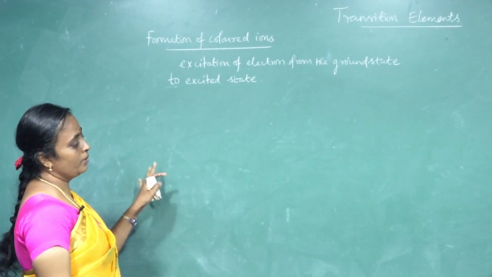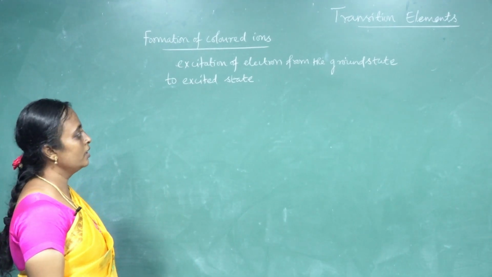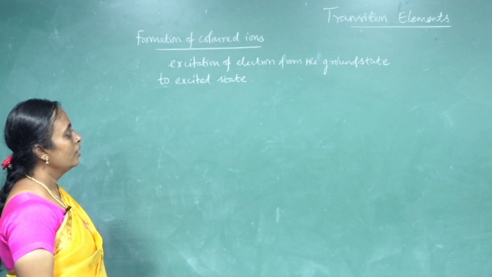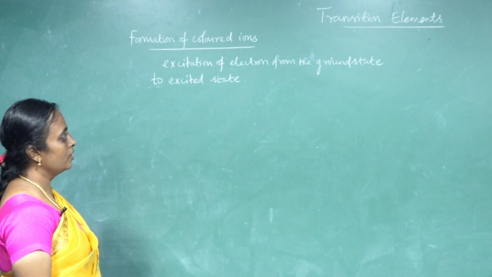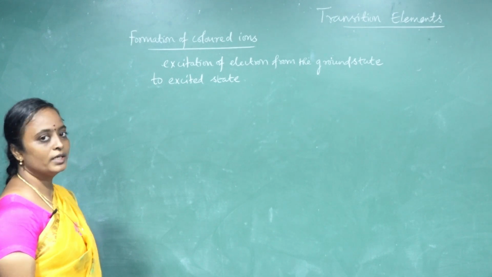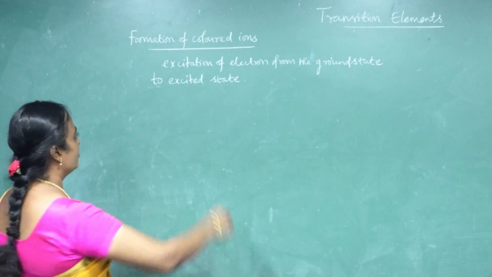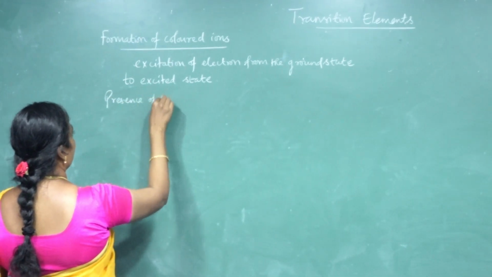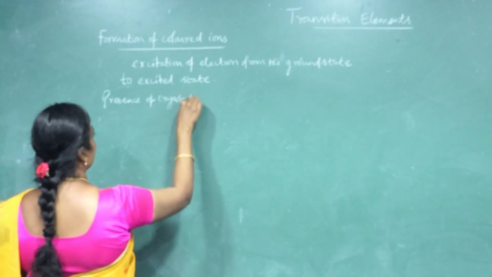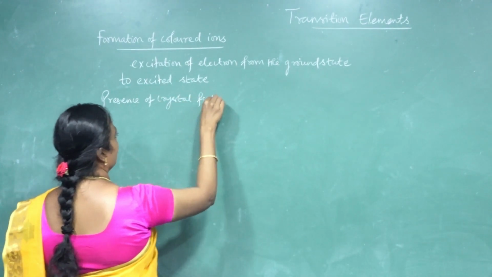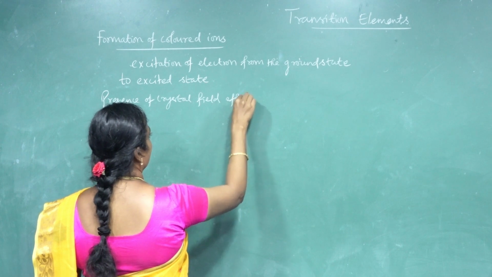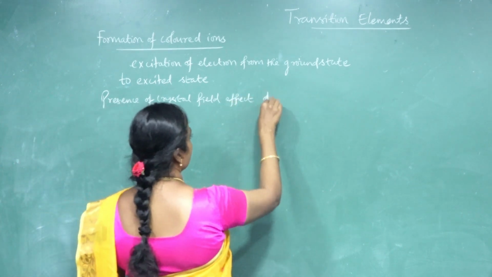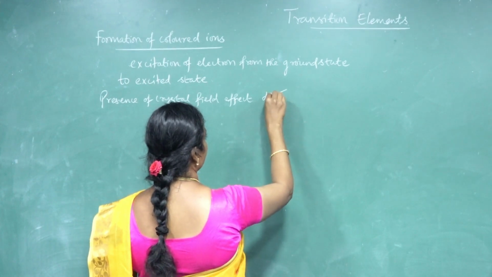So the d orbital has totally 5 orientations, the 5 d orbitals. In the presence of the crystal field effect, the d orbitals split into 2 energy levels.